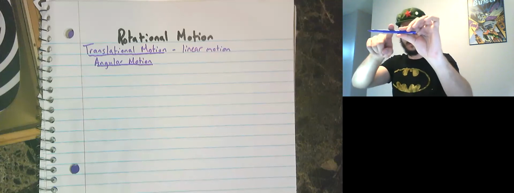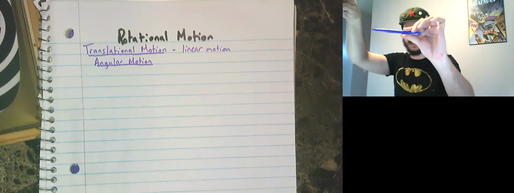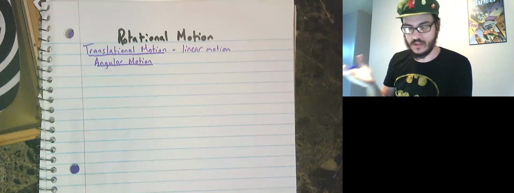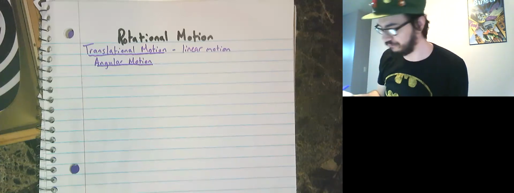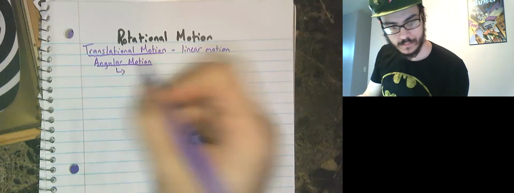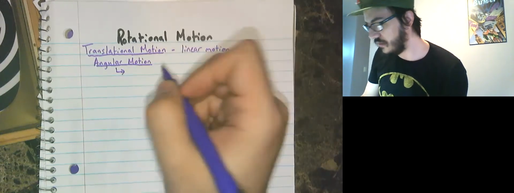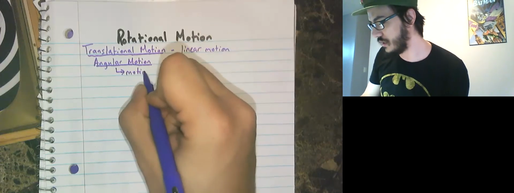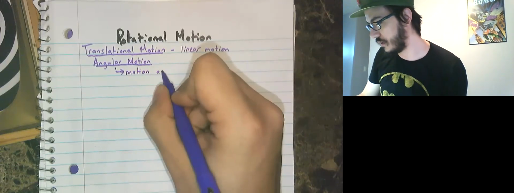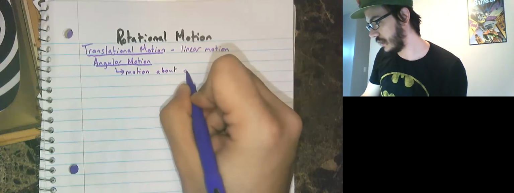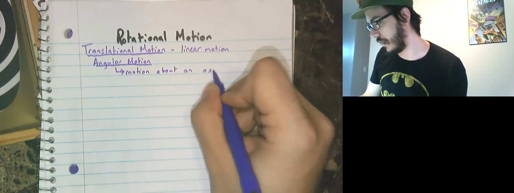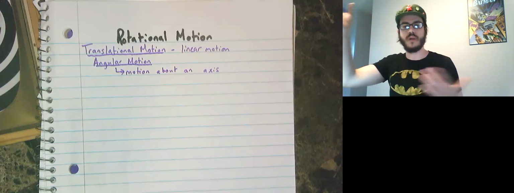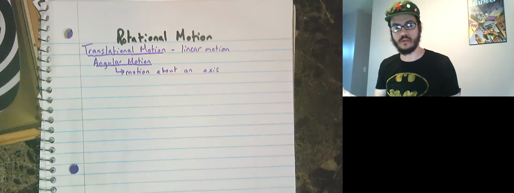But rotational motion must be at an angle because you're moving through two dimensions that angles your line. The easiest way to define angular motion would be to refer to it as motion about or around an axis. The axis being the poles around which the thing turns.